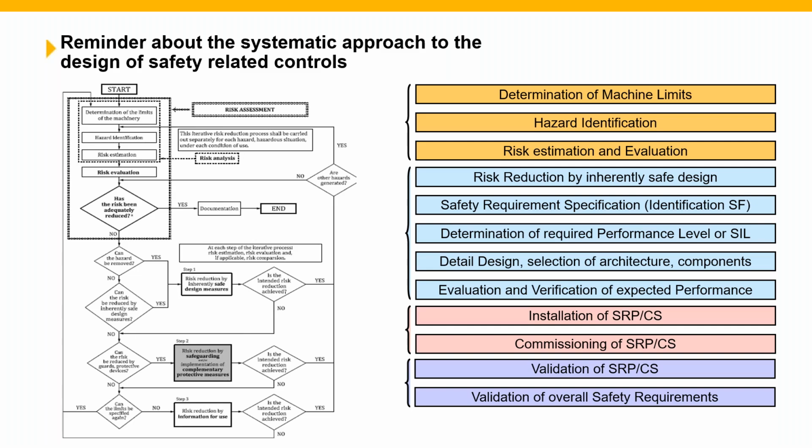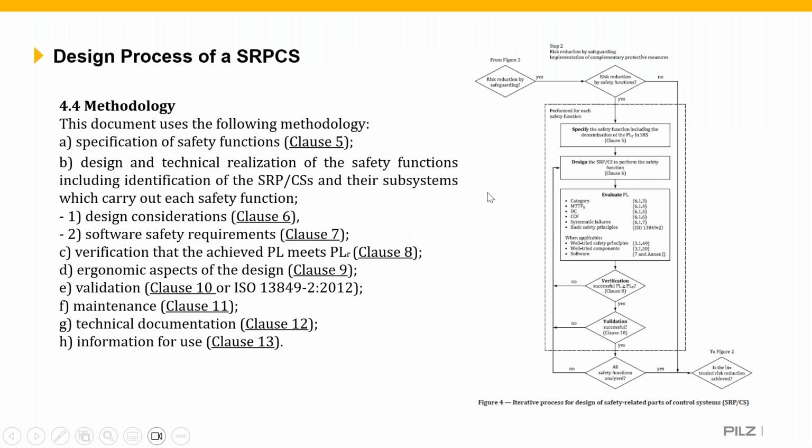And then once you've done that, you'll go through this iterative process of your safety system. There's guidance given in section 4, and this is the methodology from section 4.4 of what you would do with a safety related control system. So when you determine that you haven't been able to design the hazard out and your risk reduction is going to require a safety function, if it doesn't, then you can jump straight down on the right and see if your risk is suitable.